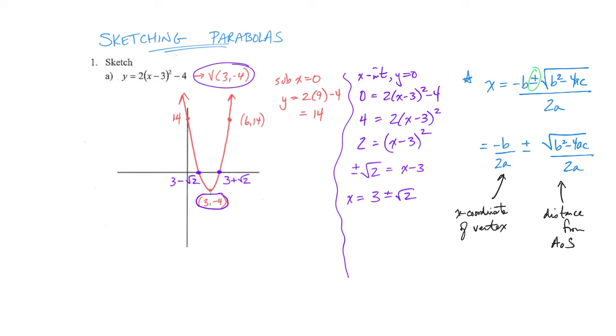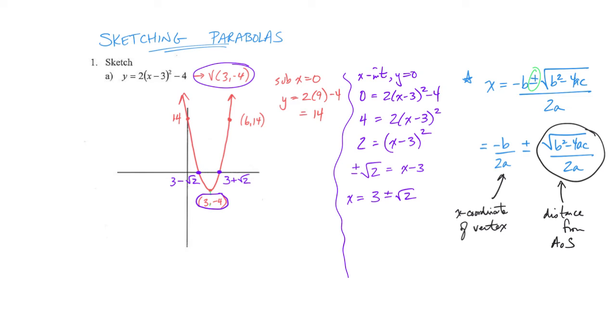That when we actually break down the quadratic formula, it also gives me some other information if I want to think about my quadratic function graphically. Negative b over 2a gives me the x-coordinate of my vertex. That second fraction, the square root of b squared minus 4ac all over 2a, actually tells me how far away from the axis of symmetry my x-intercepts are.